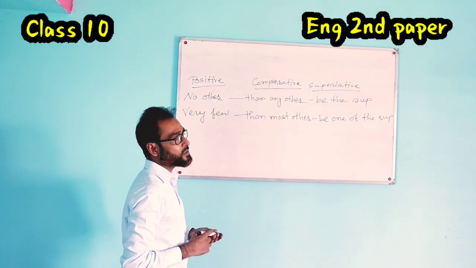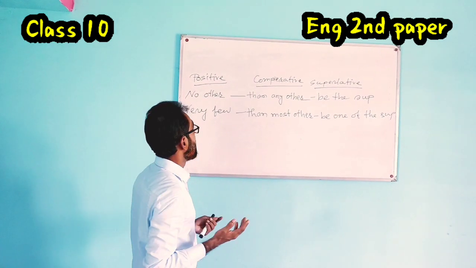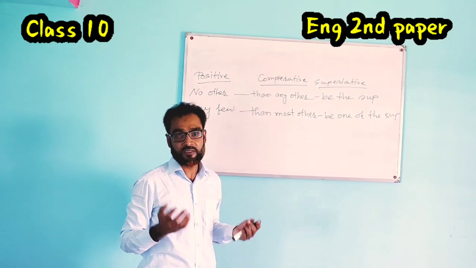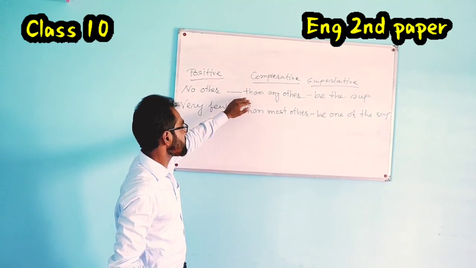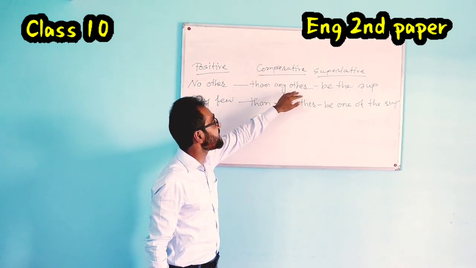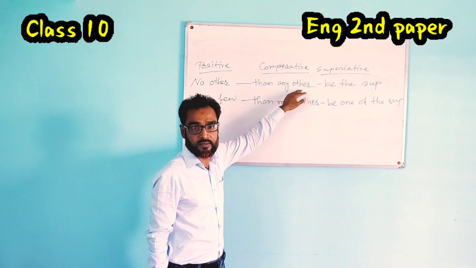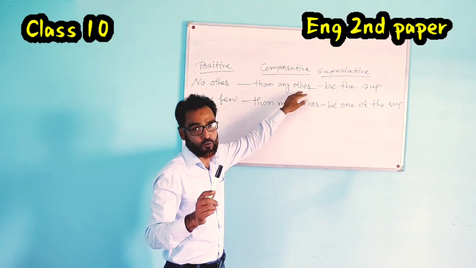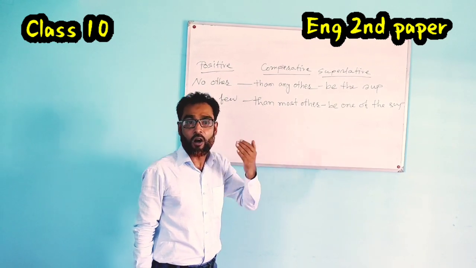On the other hand, how can we detect a sentence of comparative degree? That's very easy, my dear students. If you find any other in any sentence at the middle position, that is comparative degree.